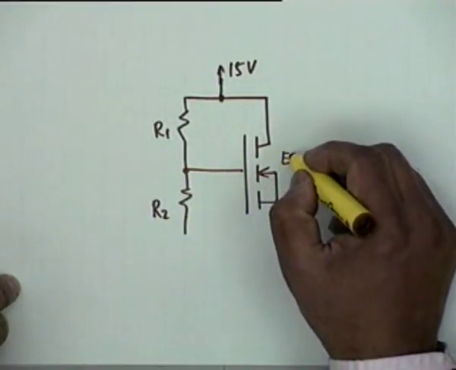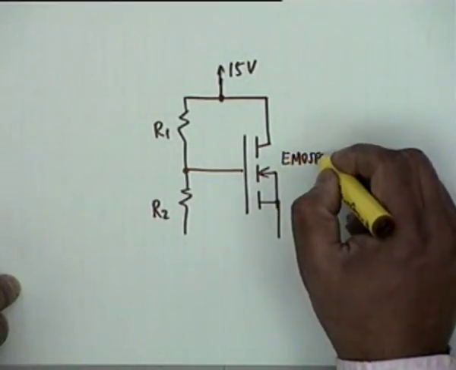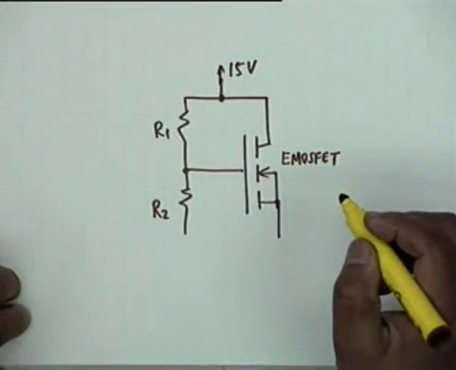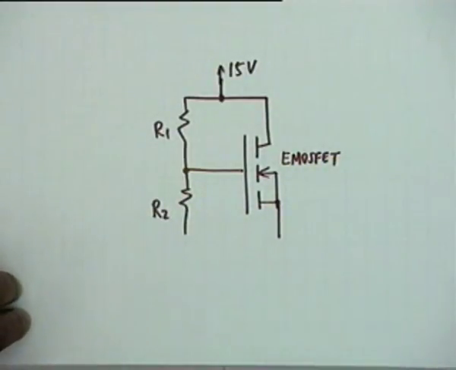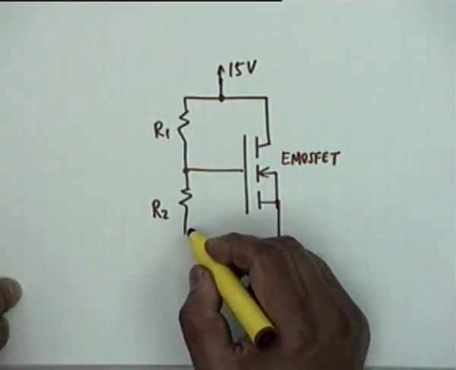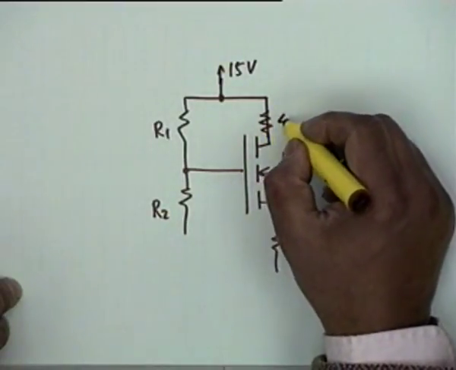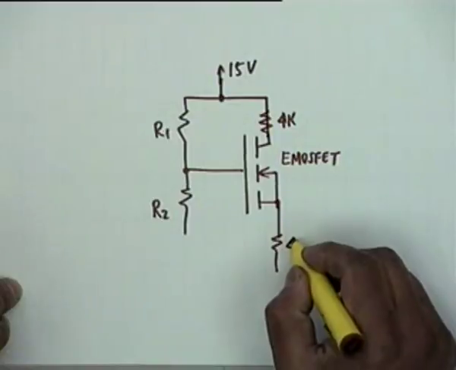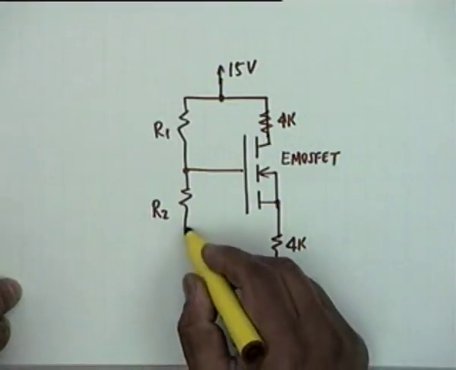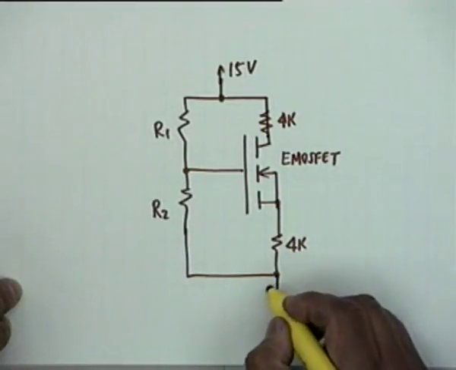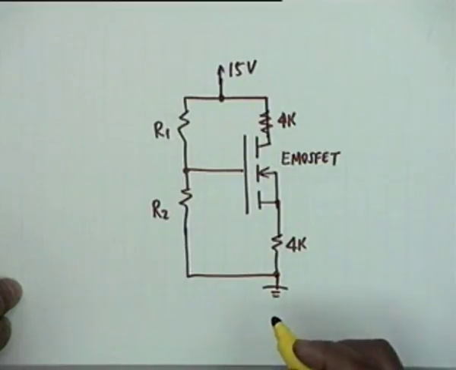This is an E MOSFET, so it requires a positive threshold voltage VT. There is a 4K resistance here, and there is a 4K resistance here, and this comes to this point and goes to ground.